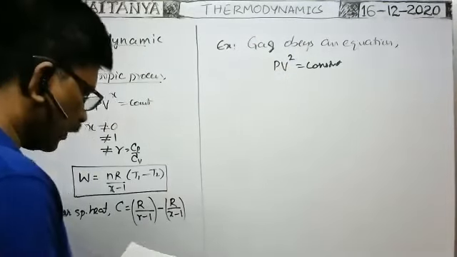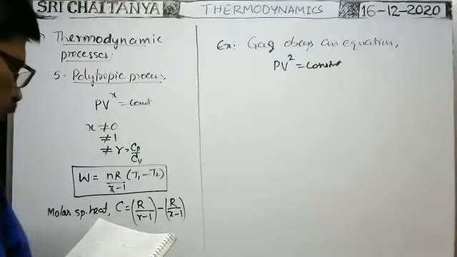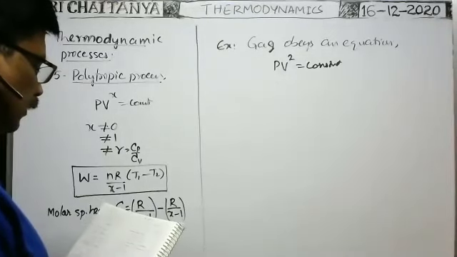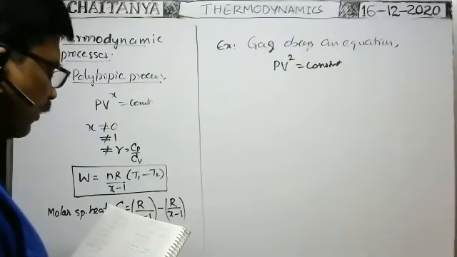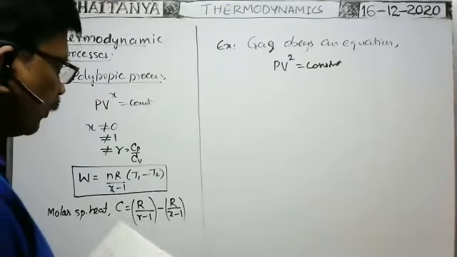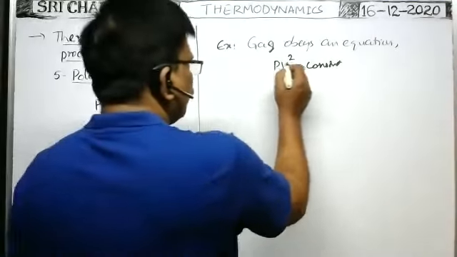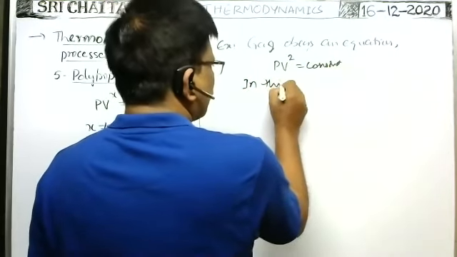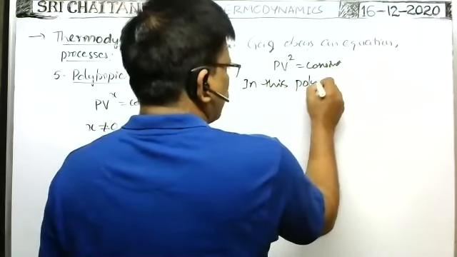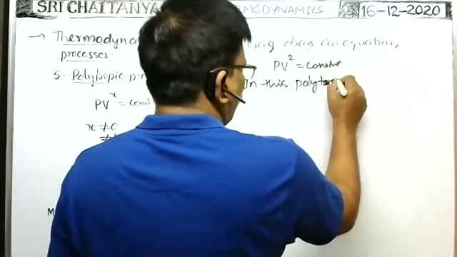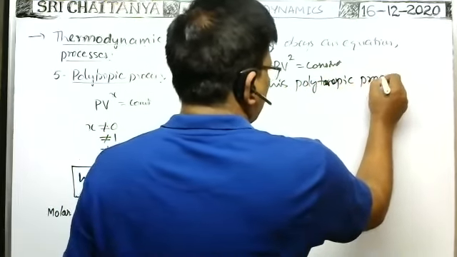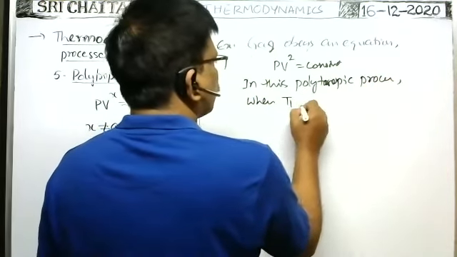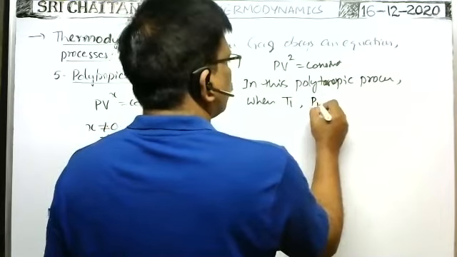In this polytropic process, the question is: at a temperature T1, pressure is P1.